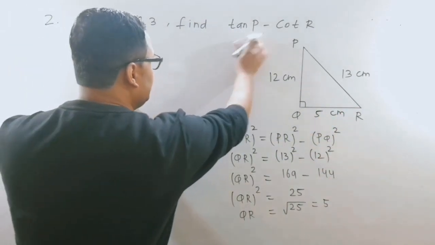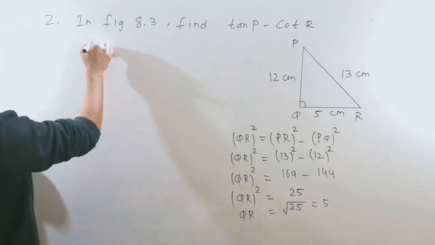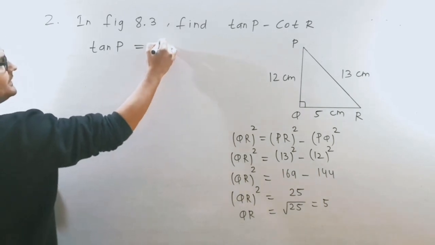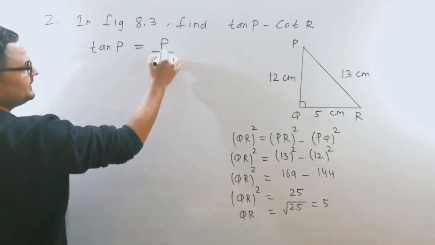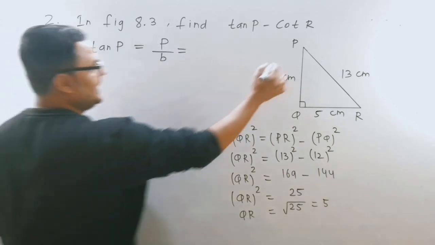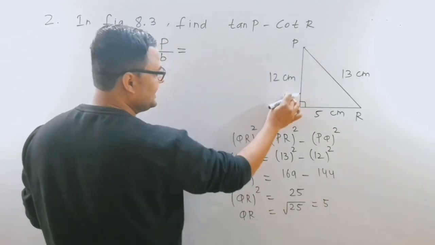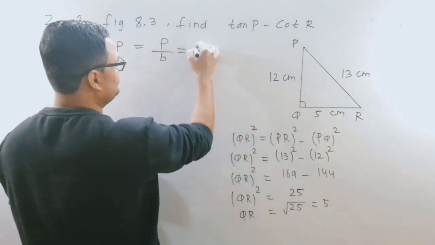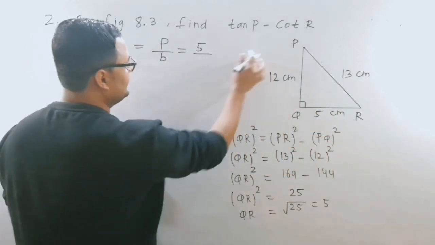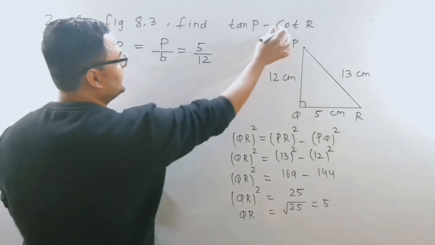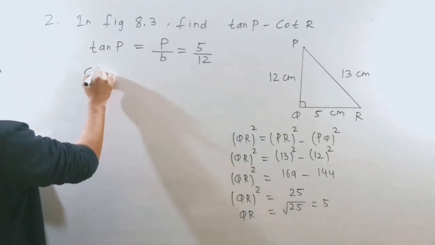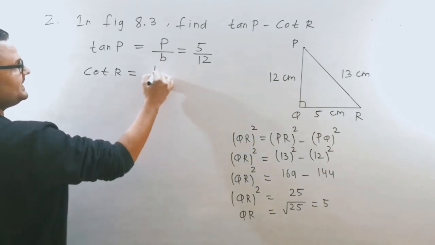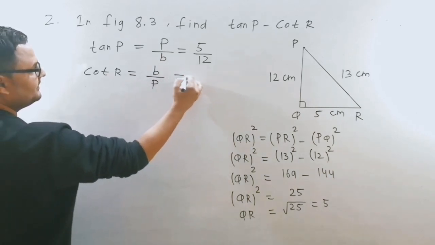Now I need tan P and cot R, so find one by one. First tan P. Tan P is equal to perpendicular by base. For angle P, this is the base, this is the perpendicular. So the perpendicular is 5, divided by the base, that is 12. For cot R, cot is the reciprocal of tan, that is base by perpendicular.